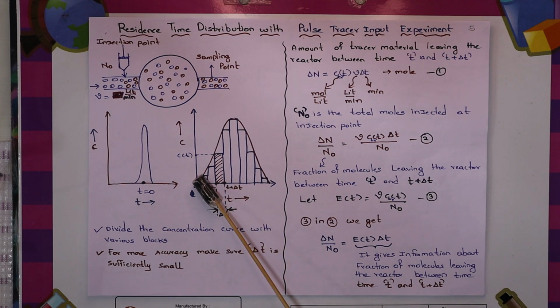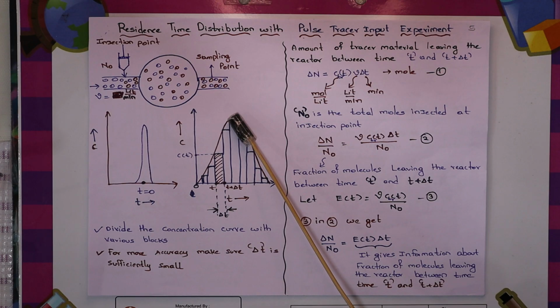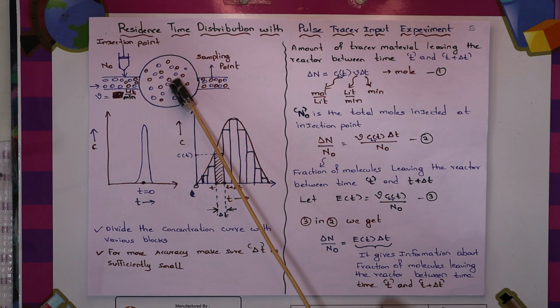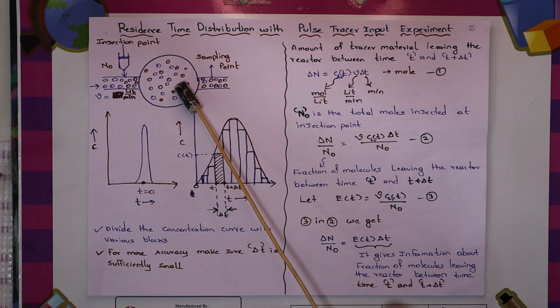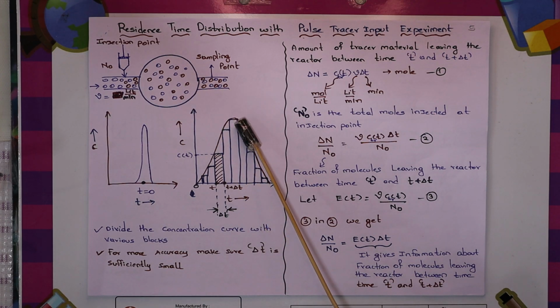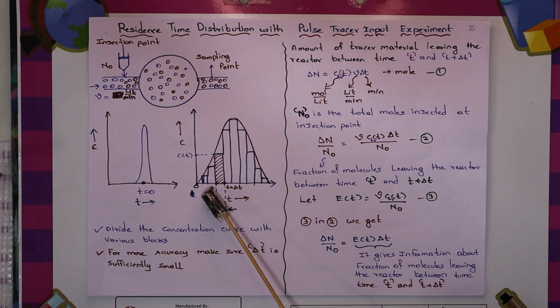As time increases, the concentration of the tracer increases, and after a certain point the tracer molecules start getting depleted inside and the concentration comes down. This is what the typical curve looks like. There are a number of other curve natures, but let us discuss it as simply as possible.